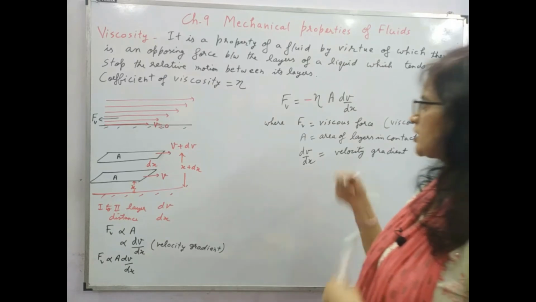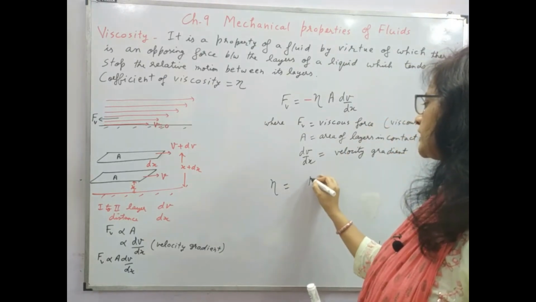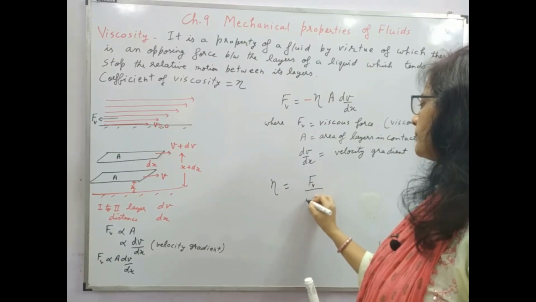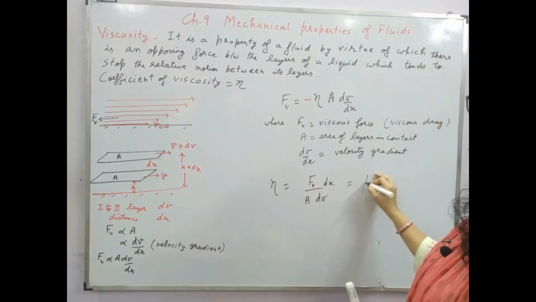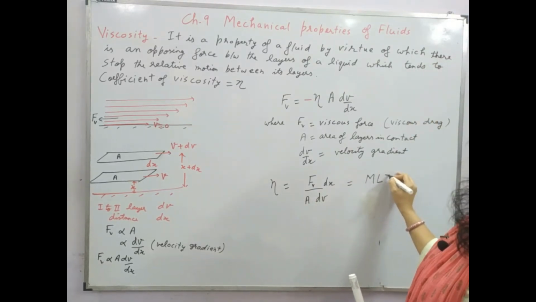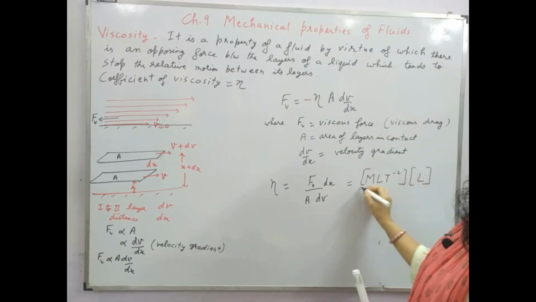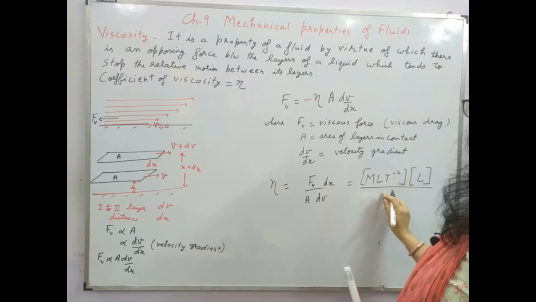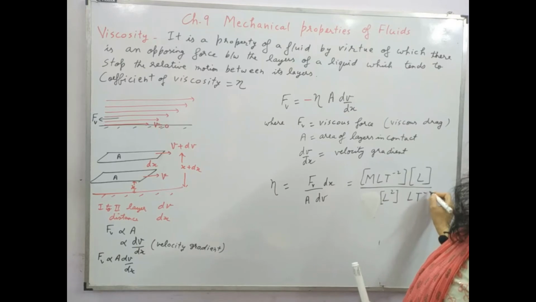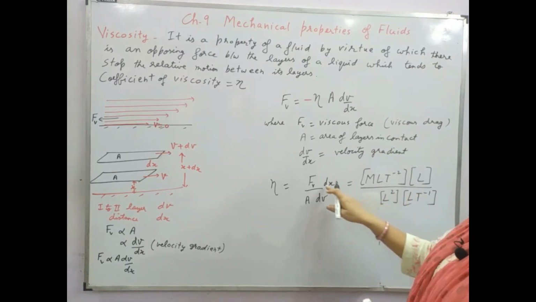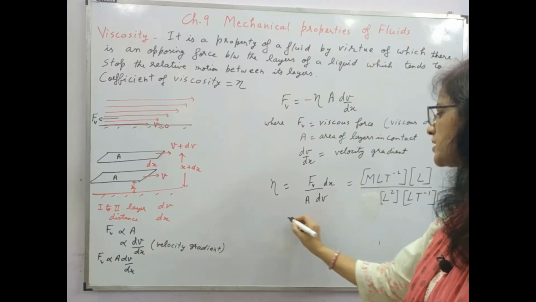So what will be the dimensions of eta, that is, the coefficient of viscosity? You can write Fv upon A dV by dx. So from here this is M L T to the power minus 2, this is L, this is L squared, and this is L T to the power minus 1, because dx is distance and dV is velocity. So what will be the dimensions?